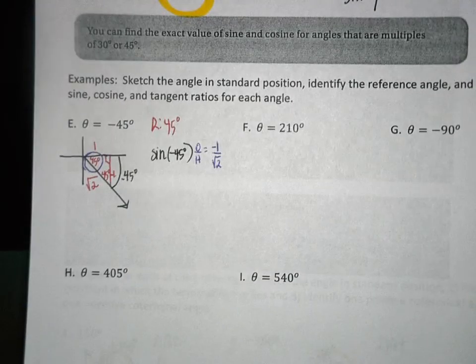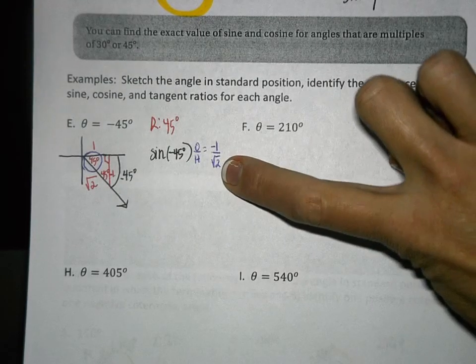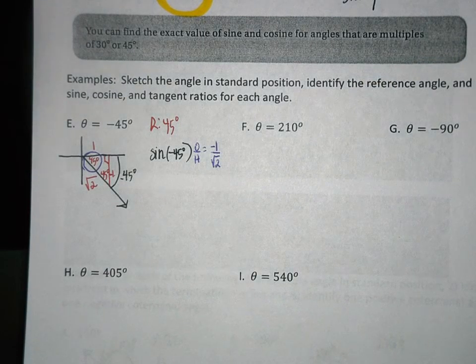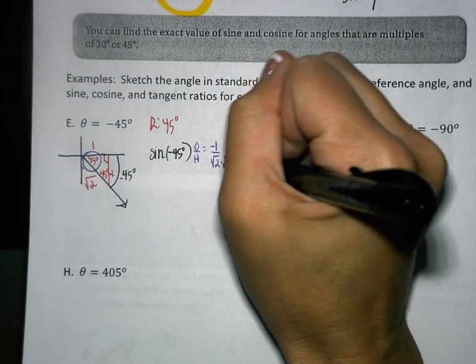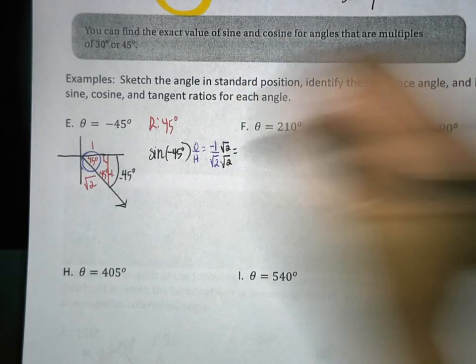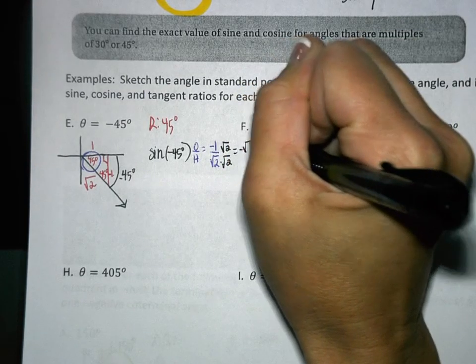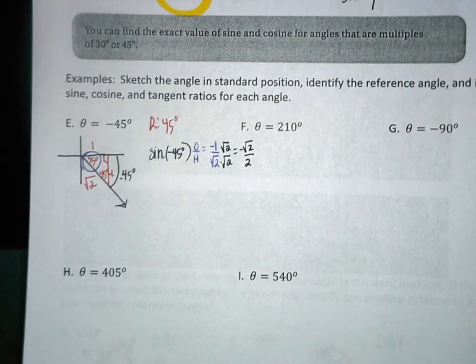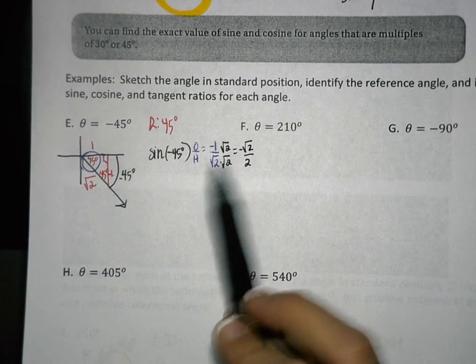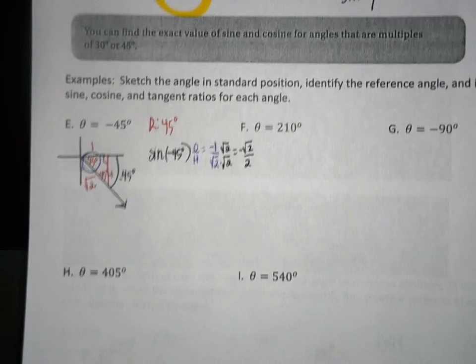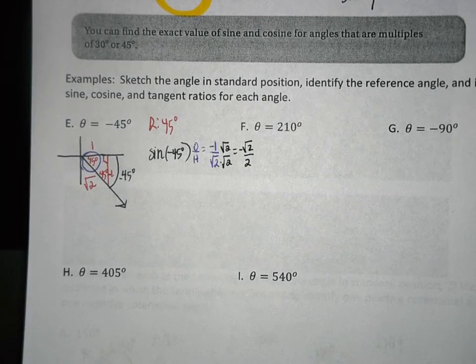I'm going to show you how we get rid of the root in the denominator, but we're going to start skipping that step because hopefully you're going to see there's always a pattern, okay? So to get rid of root 2 in the denominator, I multiply by root 2 to the top and bottom, and it ends up becoming negative root 2 over 2, correct? Because these two root 2's make a 2. This root 2 doesn't have anything it matches with, but there's a negative 1, so it's negative root 2 over 2.